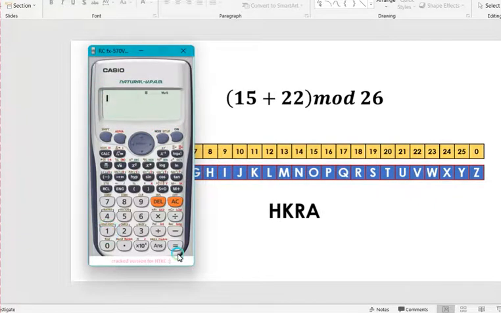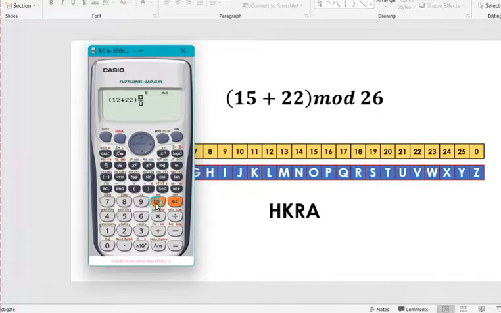mode 1, then equals. So, we will have to use, just type whatever numbers are there. So, since we have 12, we have 12 plus 22, this one. Then, we have shift and this one. Okay.